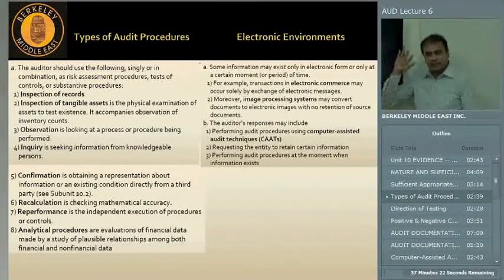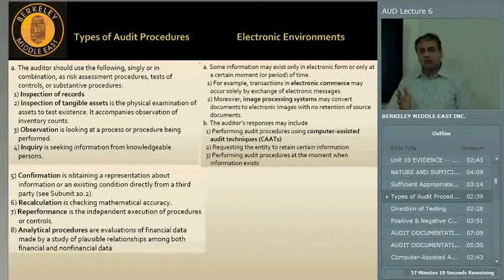Observation is when it is an external audit at year end, you go for the physical stock count, physical stock taking; you will count the stock, and someone will observe. Then inquiries, asking from the management, confirmation, recalculation, reperformance, and analytical procedure.